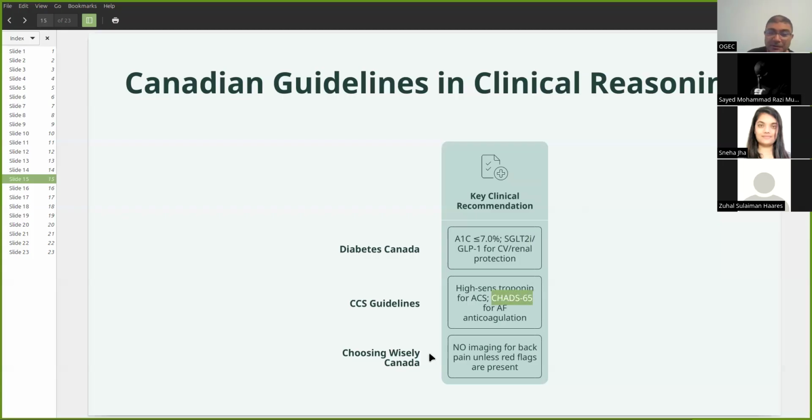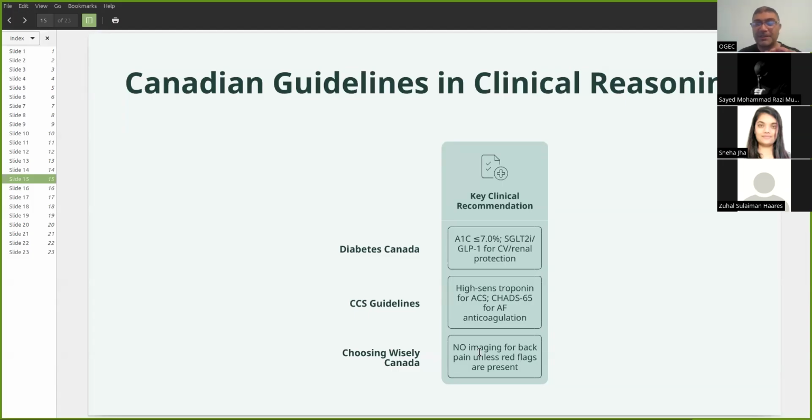And there is another guideline, Choosing Wisely Canada, about imaging, how to choose imaging for the patient, because over-prescription or advising imaging for conditions that don't require imaging is also regarded as incorrect.